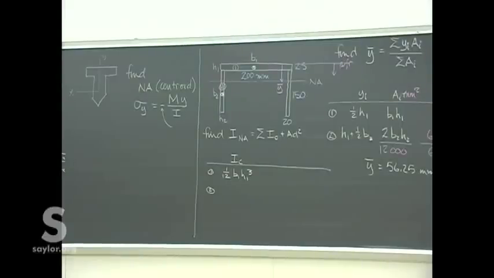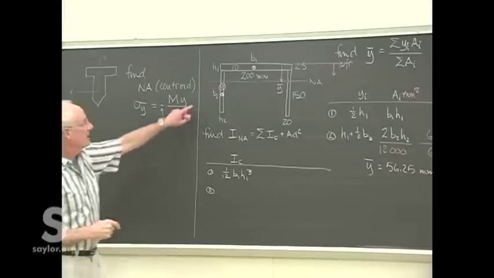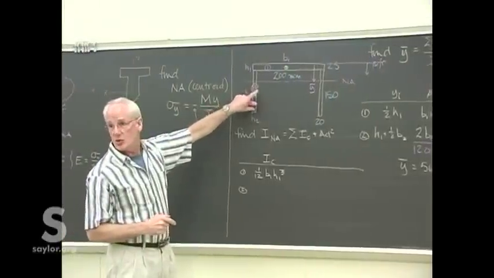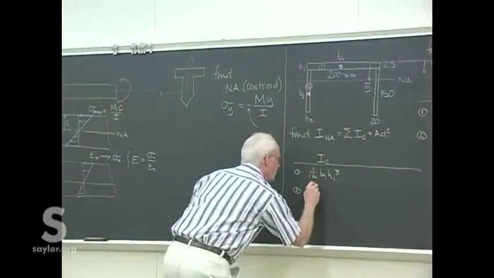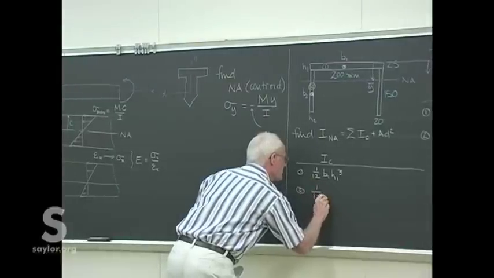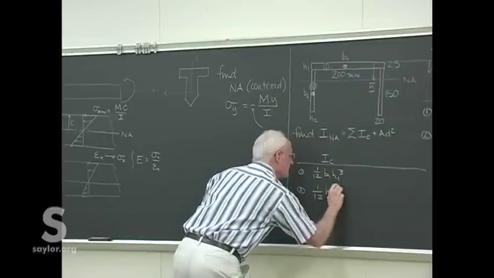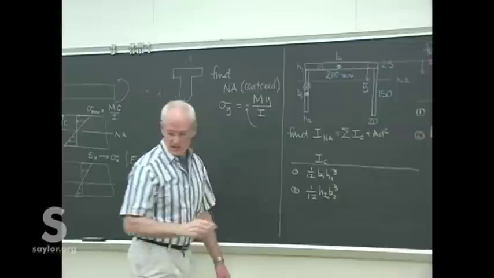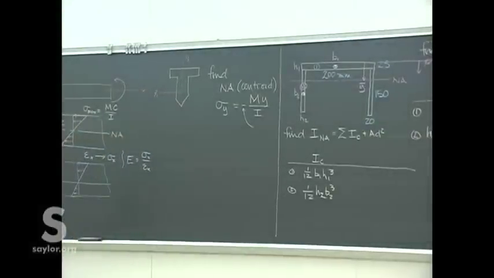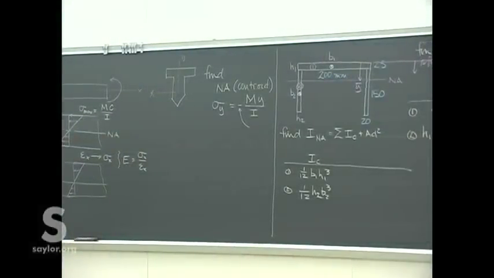And then you've got to be careful with the other one because as it's drawn in the book, piece 2 is 90 degrees from the picture in the book if you look at it in the x-axis, or if you just take it in the y-axis direction. But that becomes h2 b2 cubed, just because the orientation of those rectangles are 90 degrees to each other.